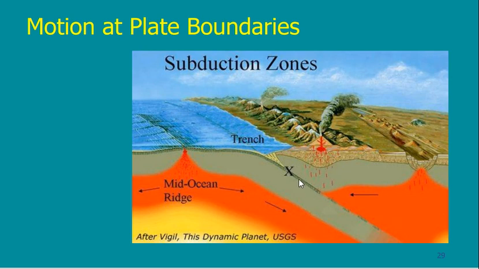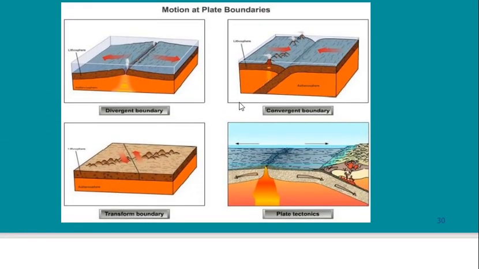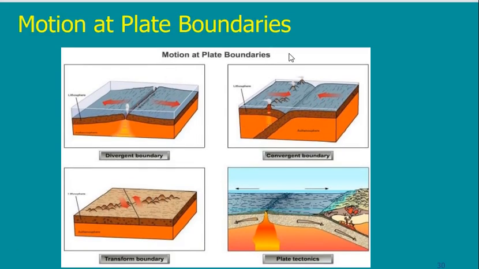And because of the friction along this line, there will be some kind of energy. It will be released in the form of volcanoes, and it may cause earthquakes in this area. This is another summary for the motion of the boundaries, but it is related to plate tectonics.